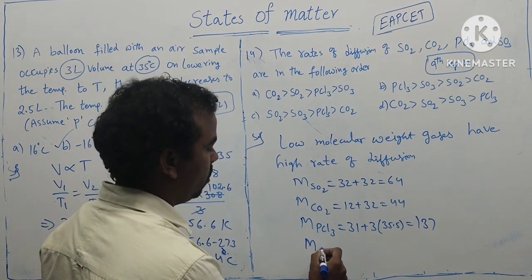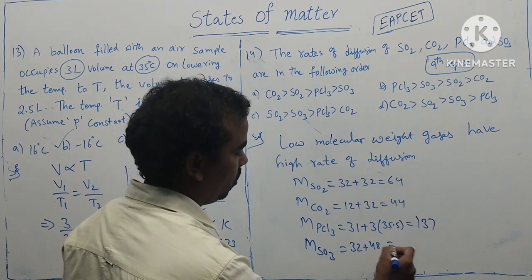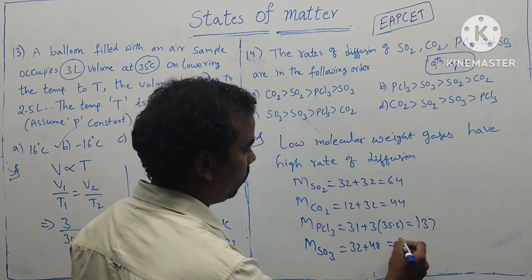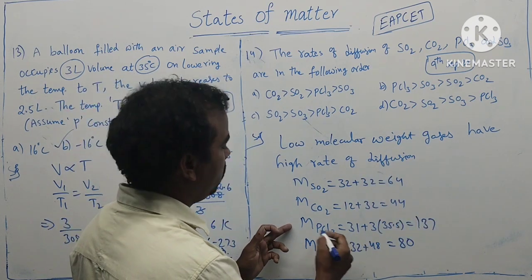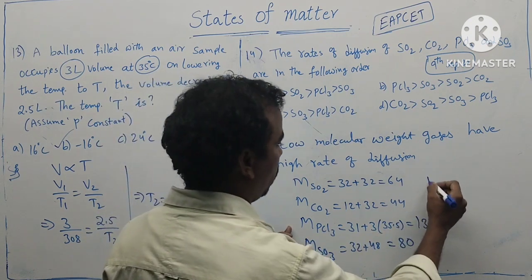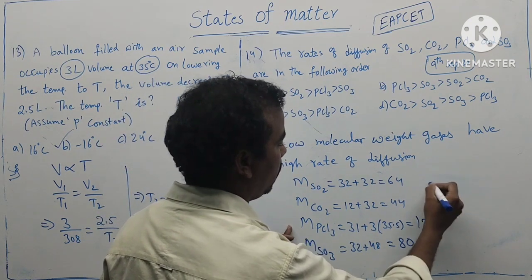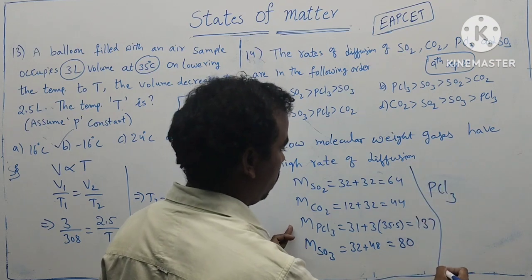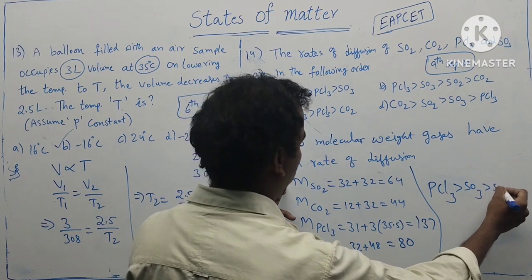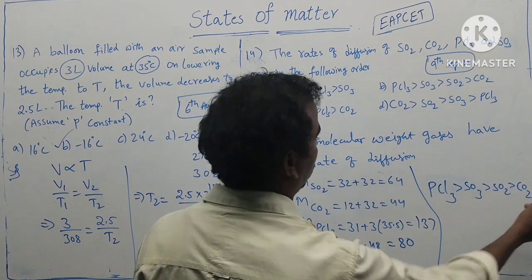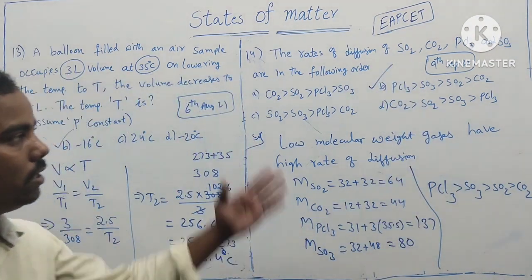Next SO3: sulfur 32 plus 3 into 16, 48, so 80. Which one has higher molecular weight? Higher molecular weight is PCl3. So the molecular weight of PCl3 is greater than SO3, then SO2, finally CO2. So PCl3, SO3, SO2, CO2. So answer is B. Very easy.